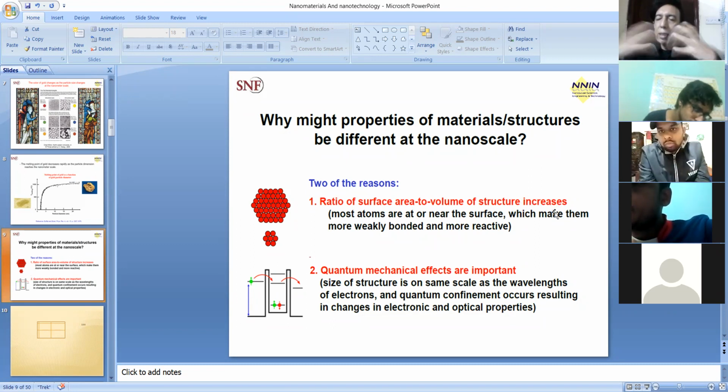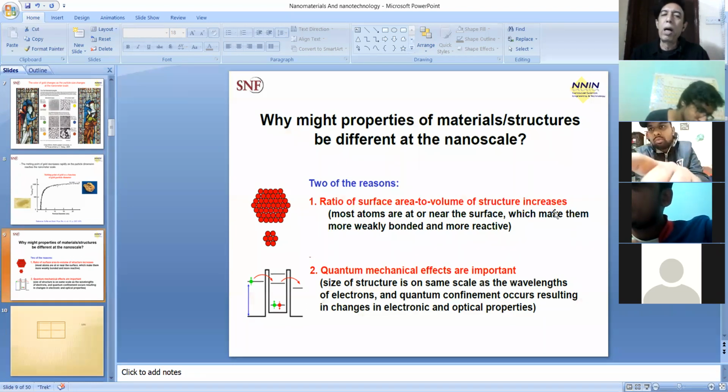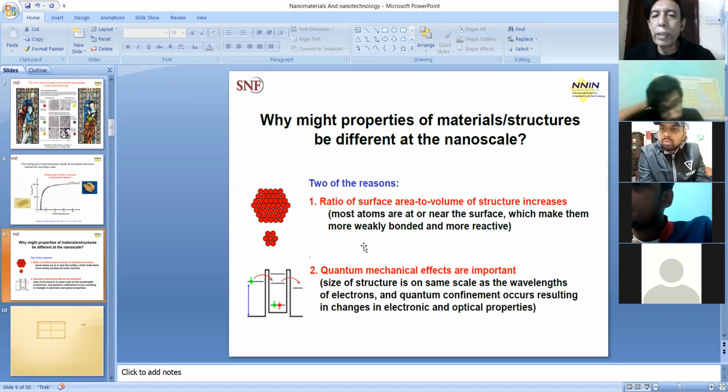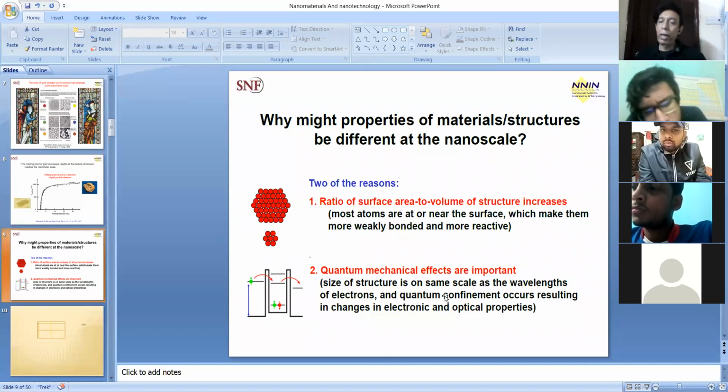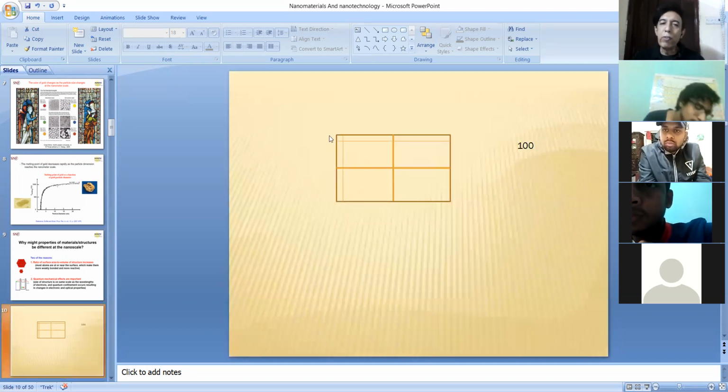Surface area increasing means the number of surface atoms is increasing. So here you see most atoms are at or near the surface, which makes them more weakly bonded and more reactive.